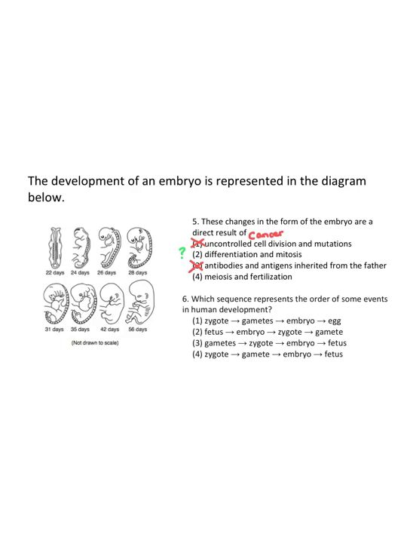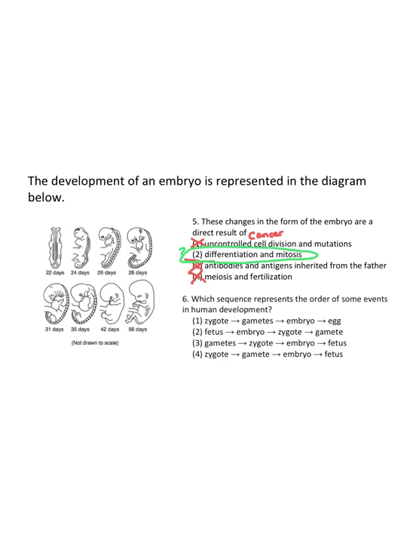Well, I definitely need fertilization, but do I need it during development or before development? And meiosis is even before fertilization. So these things have already happened. Oops, sorry, that should be red. These things have already happened and are not actively going on. So the correct answer is 2. It's differentiation and mitosis.